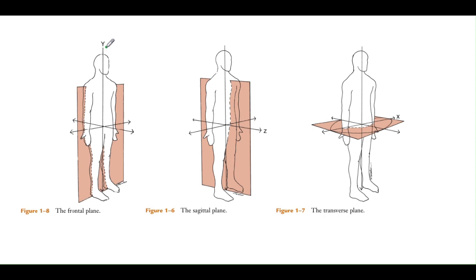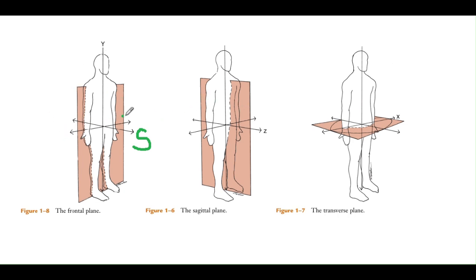So let us consider these axes. This one here is the sagittal axis. It lies in the sagittal plane. You can see the orientation of the sagittal plane; this sagittal axis lies in this plane.